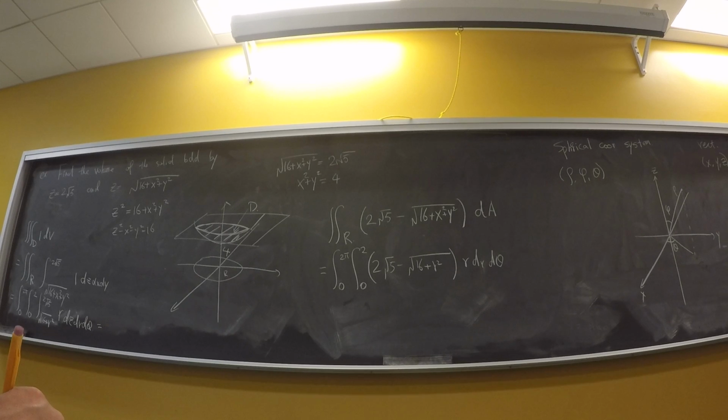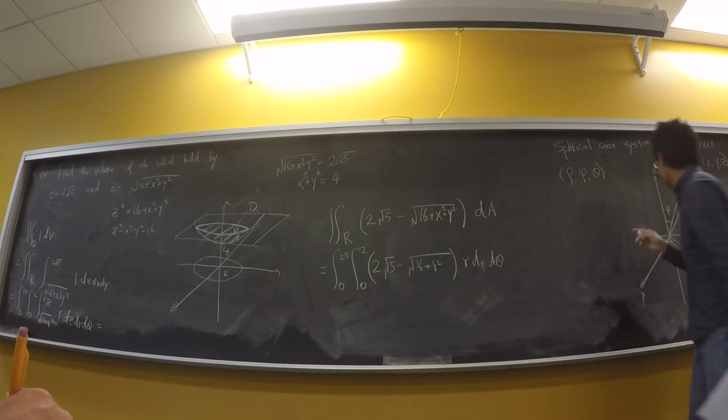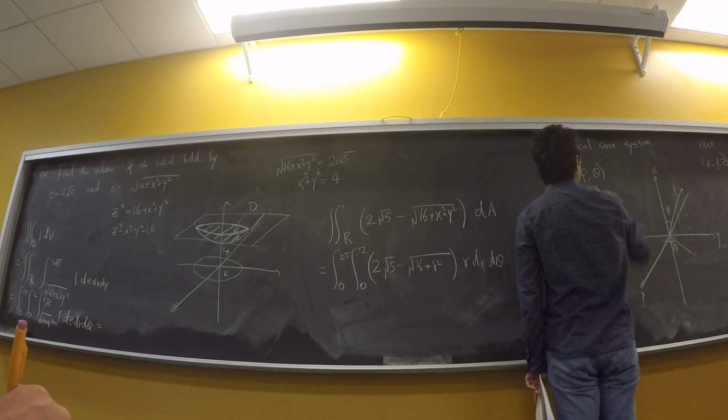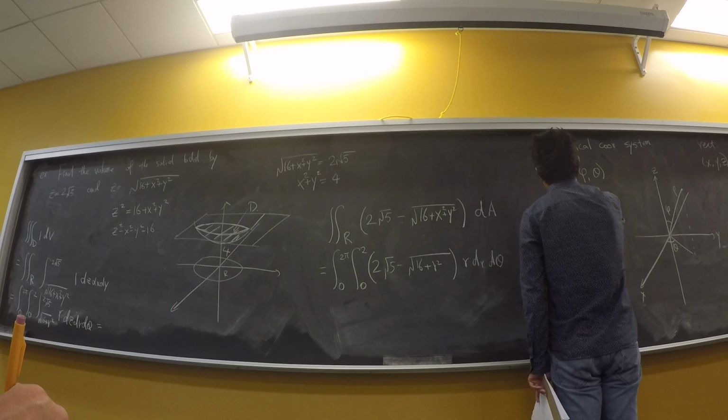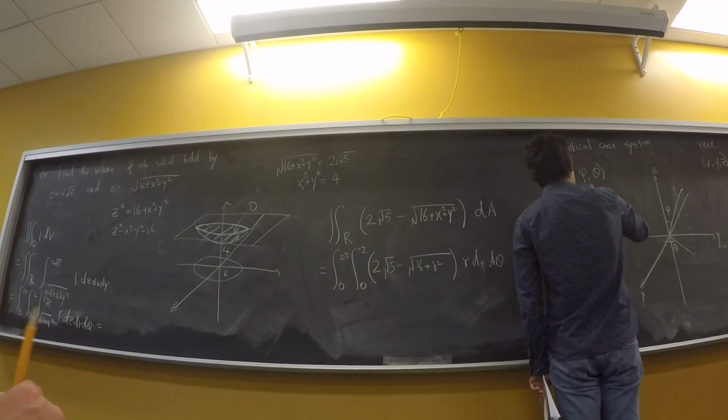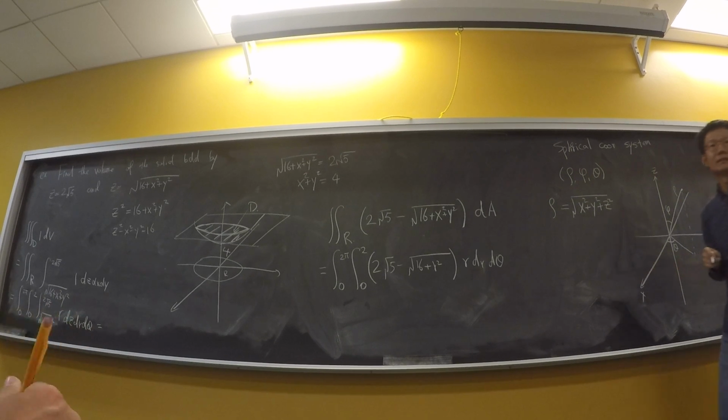These angles are designed in a very useful way, as you will see in a minute. But I want to quickly write down the relation between these three variables and x, y, and z. First, rho squared is equal to x squared plus y squared plus z squared. This is probably the easiest.